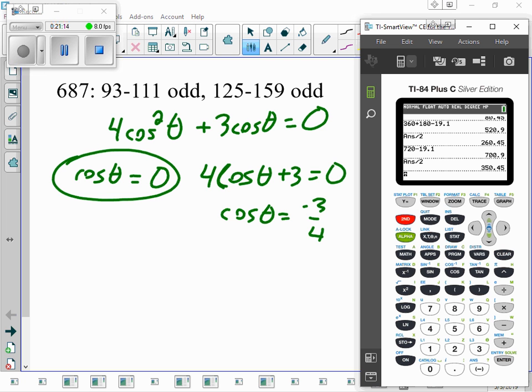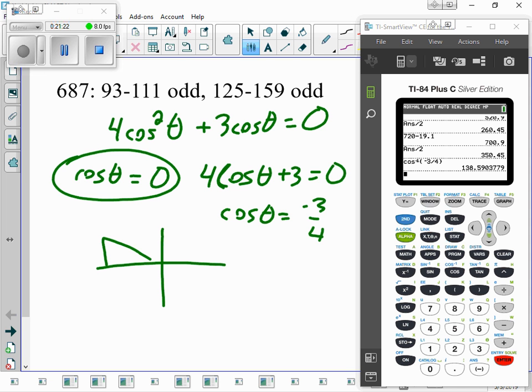The inverse cosine of -3/4 gives me 138.59. Are there any other angles in one rotation that will give us -3/4?